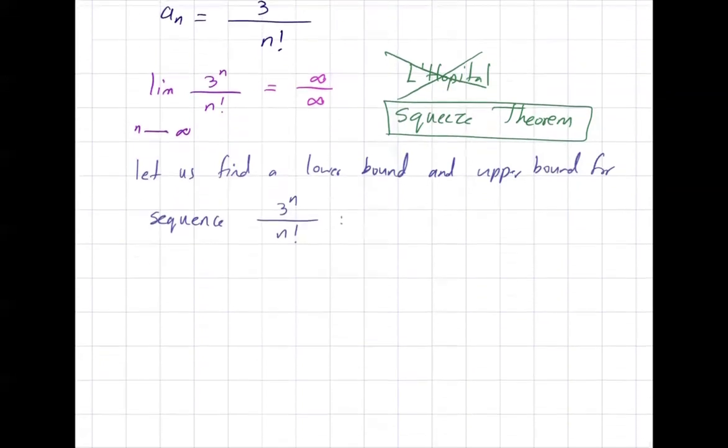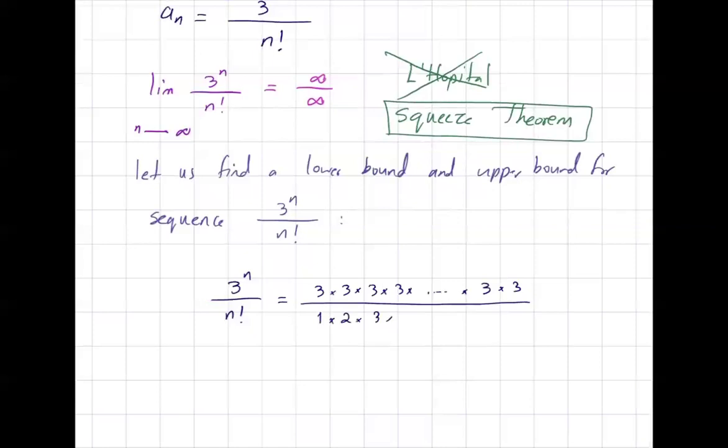So let us break this guy down into smaller pieces. 3 to the n divided by n factorial is 3 times 3 times 3 times 3, and continue this process, times 3, divided by n factorial, which is 1 times 2 times 3 times 4 dot dot dot times n minus 1 times n.